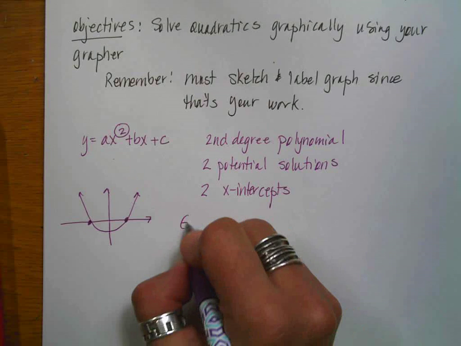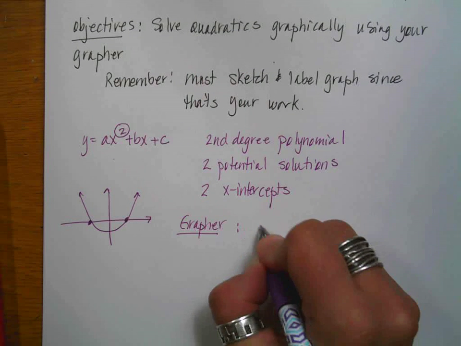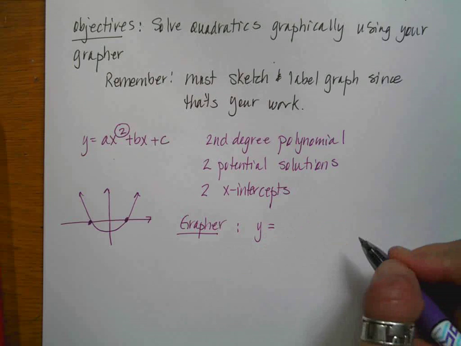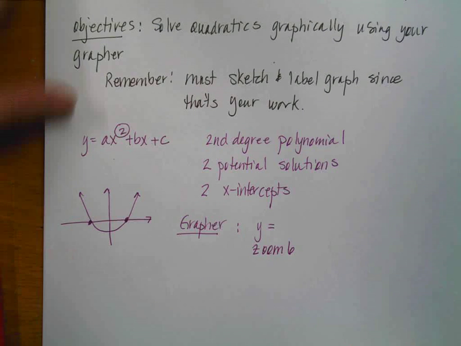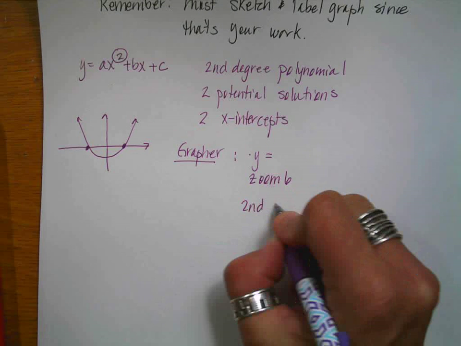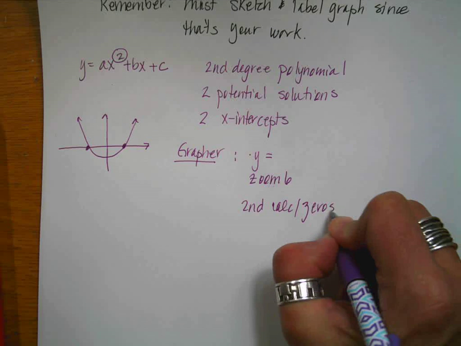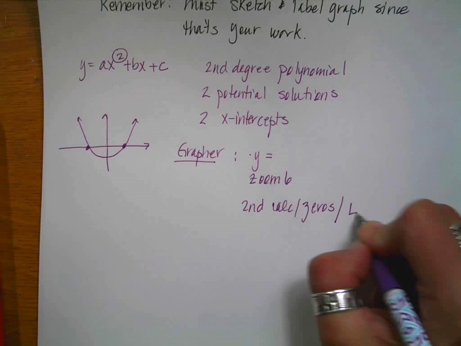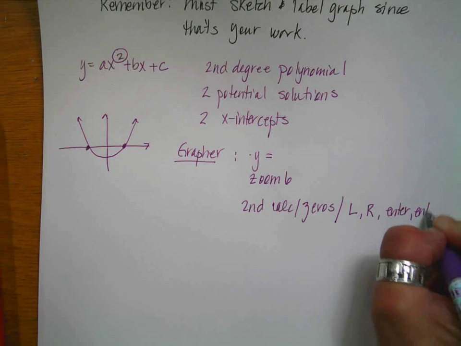So in your grapher, the steps would be you're going to put your equation into the y equals, and you're going to do a zoom 6 because that's our standard viewing window. And then you're going to do second calculate, and then we're going to look for the zeros, and then it's going to be left, right, enter, and enter.